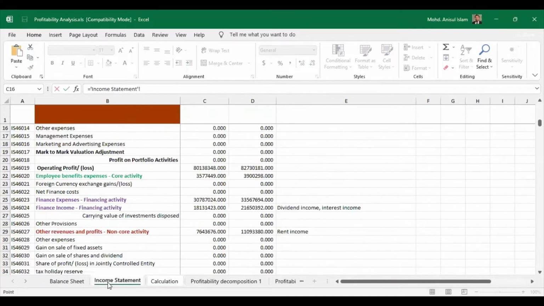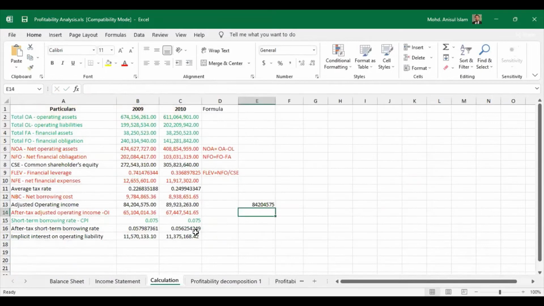I'm taking the reported operating profit and subtracting employee benefit expenses, because this has not been subtracted. Now I'm adding back the operating income coming from renting out the factory premise. So this is the adjusted operating profit.